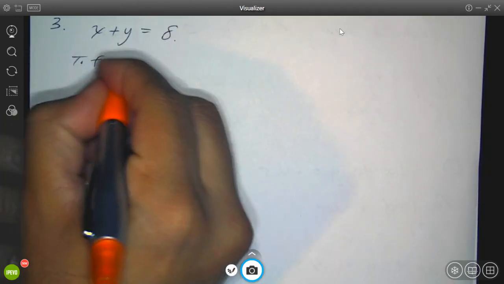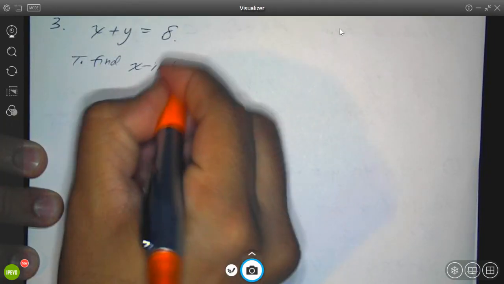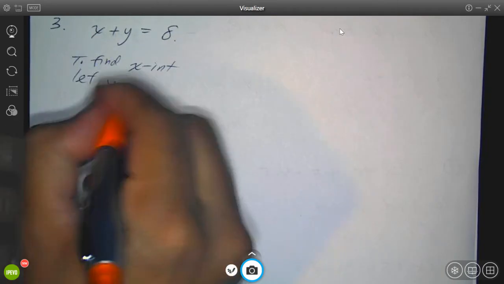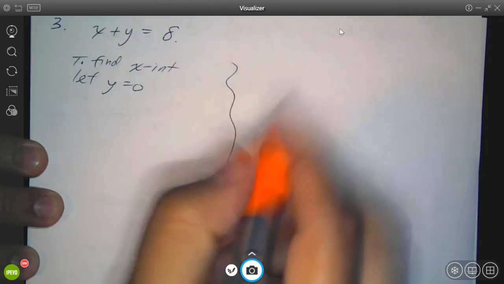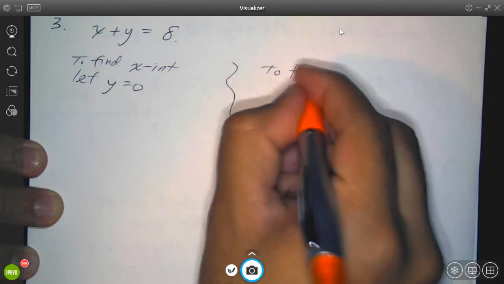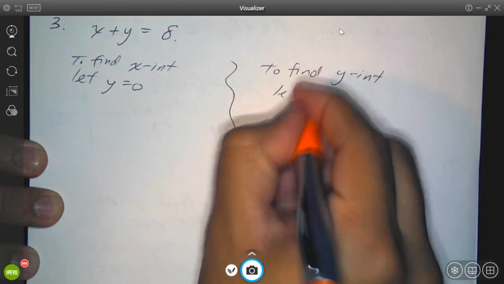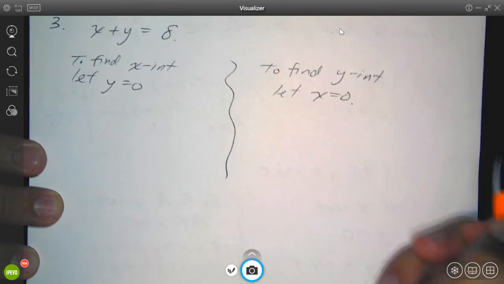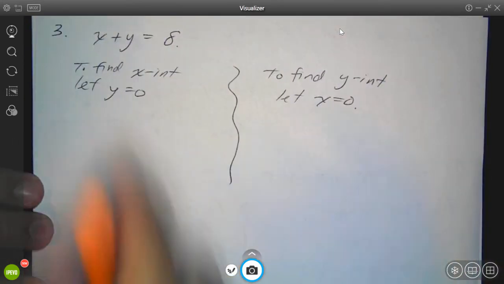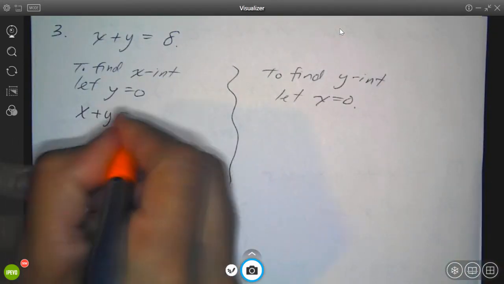Same as before. To find the x-intercept, we let y equal 0. And to find the y-intercept, we let x equal 0.